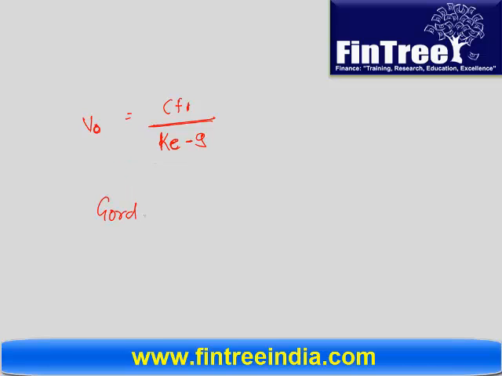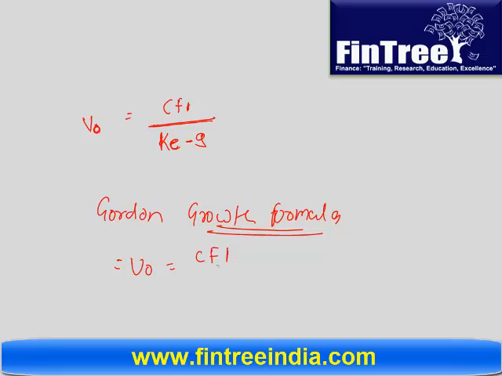We call this formula the Gordon growth formula. Okay, so what is the Gordon growth formula? Value of stock at time 0 is equal to cash flow of time 1. And that's the most important trick here. So when you want to value a stock at time 0, you always have to use the subsequent cash flow divided by KE minus G. K is equal to cost of equity and G is equal to growth rate.